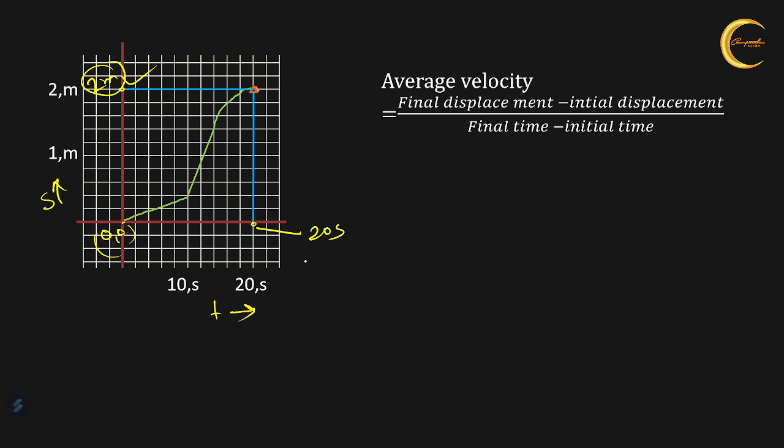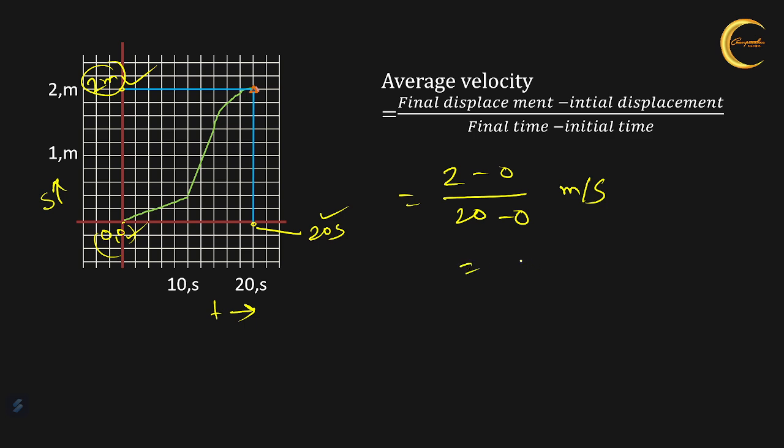The final time is 20 seconds and the initial time is 0. It is very easy: 2 minus 0 divided by 20 seconds minus 0 seconds. So the unit is meters per second.